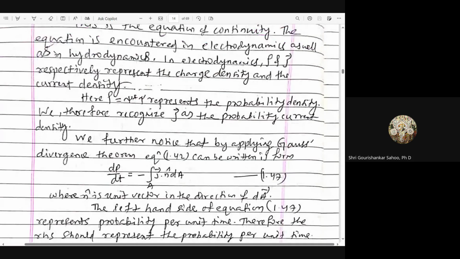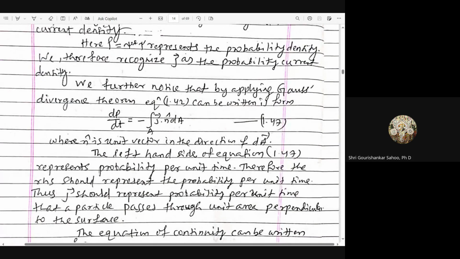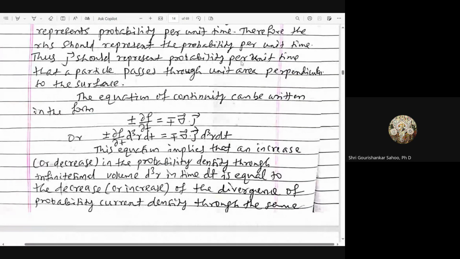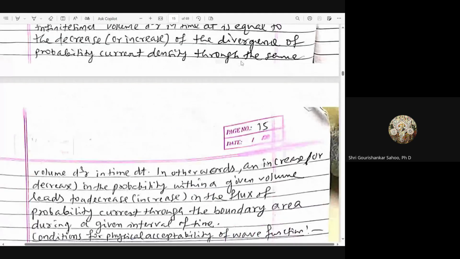What is the expression for probability current density? We will discuss. So dP by dt is equal to minus the integration of j dot n cap dA, where n cap is the unit vector along the direction of dA. And this is the equation of continuity.